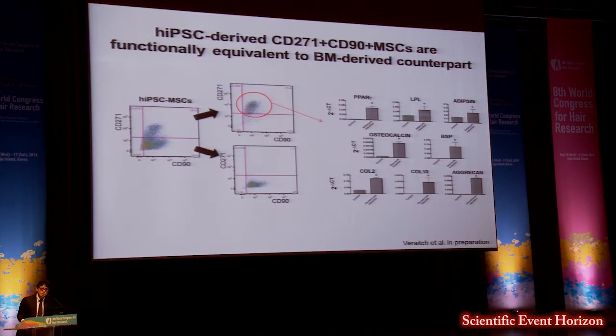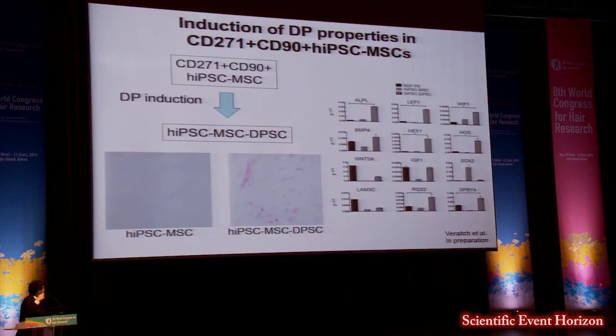And if you induce this cell population into the three germ lineages, they successfully differentiated into multiple lineages, suggesting that they are indeed potent mesenchymal stem cell subsets. So the next question would be whether these CD271 and CD90 double positive cells can be endowed with some DP properties.